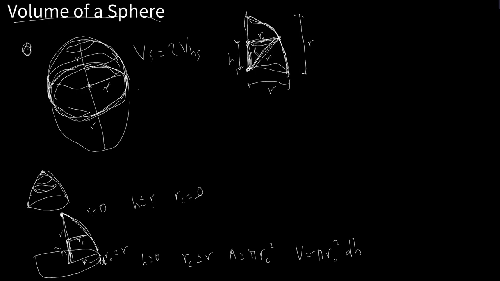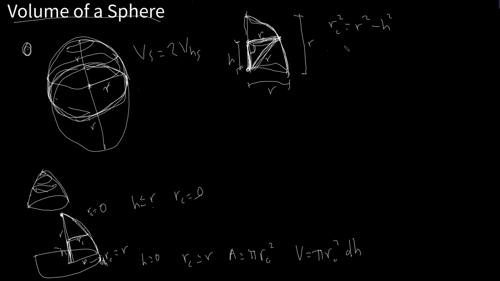So then by the Pythagorean theorem, we can compute r sub c. The hypotenuse is r, and this side here is h, and this is r sub c, right? So the Pythagorean theorem says that h squared plus r sub c squared is equal to r squared.